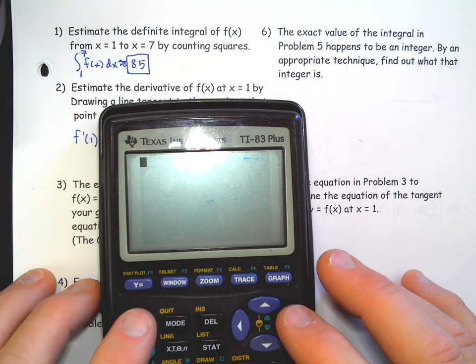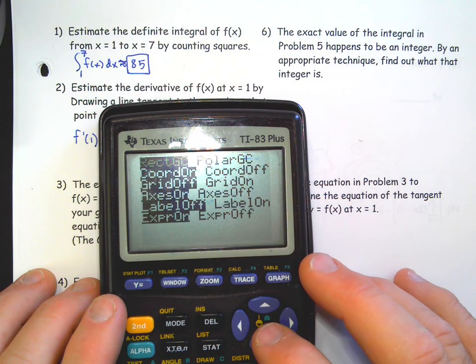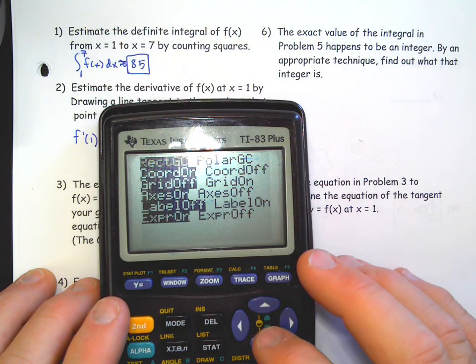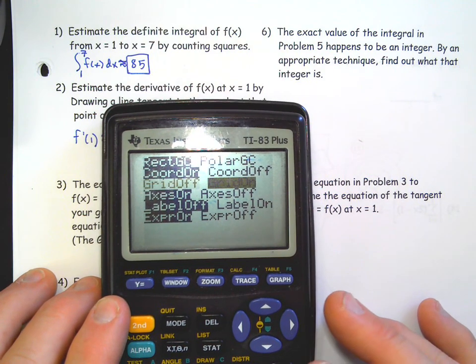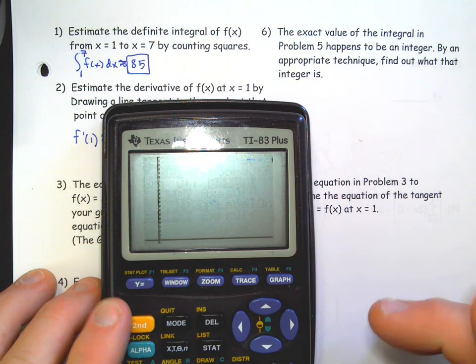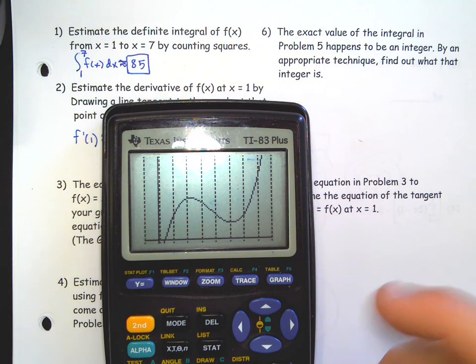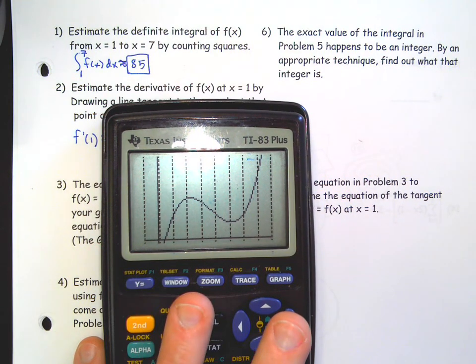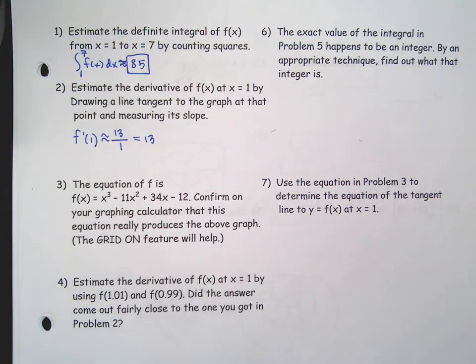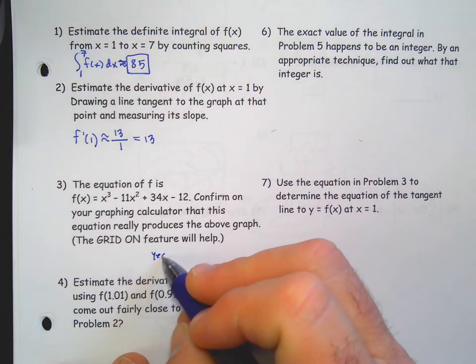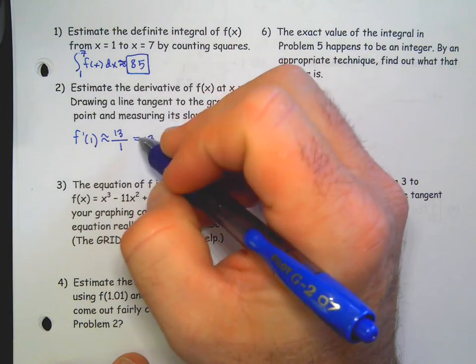Is it under? Okay, second zoom format. You turn grid on, and it graphs a little grid for you. It's not graphing the horizontal grids, but anyways, there you go. That looks right. So yes, that appears to be the answer.